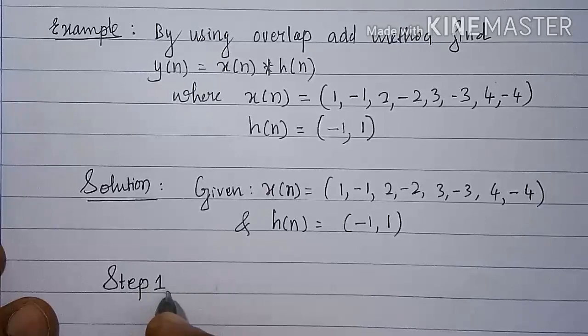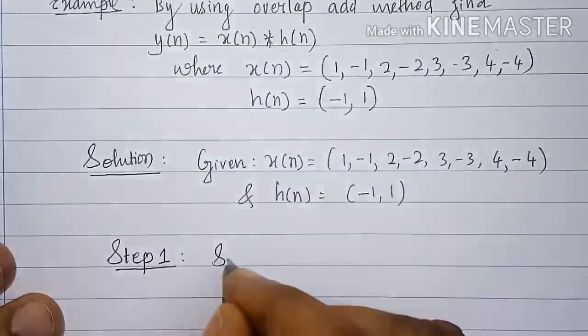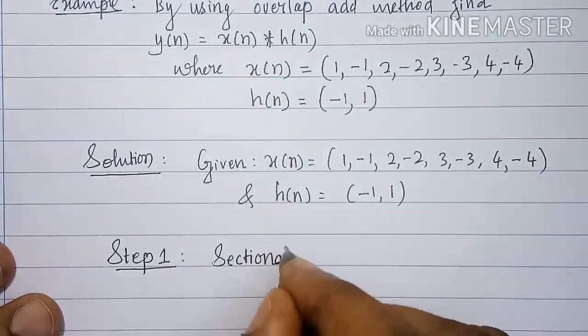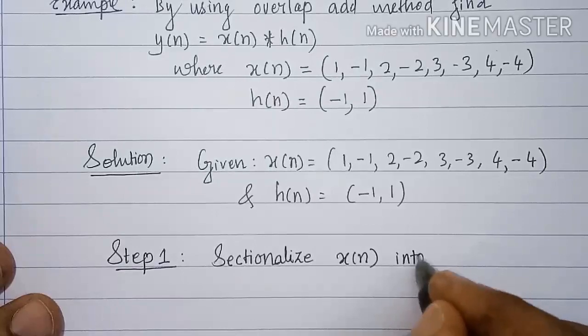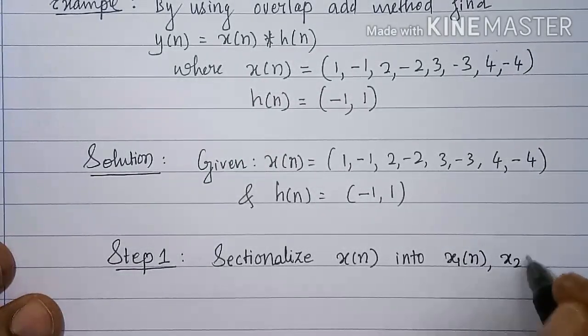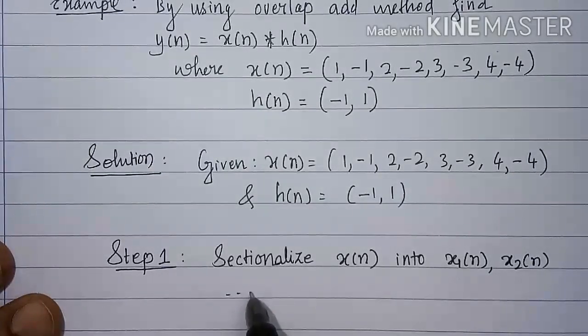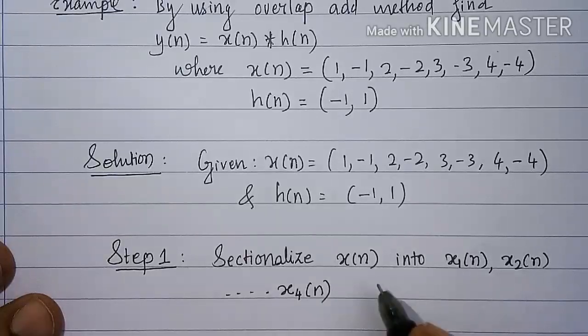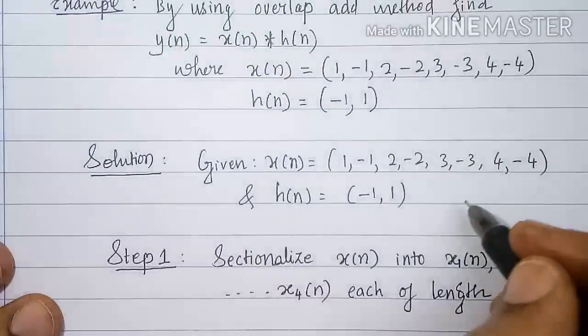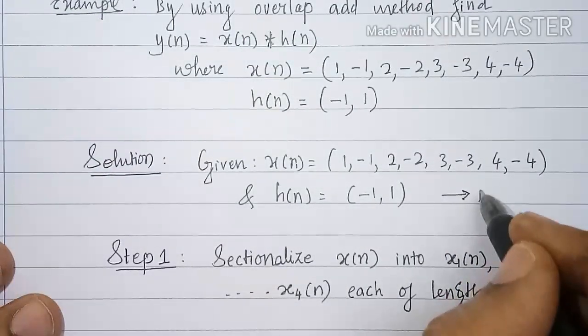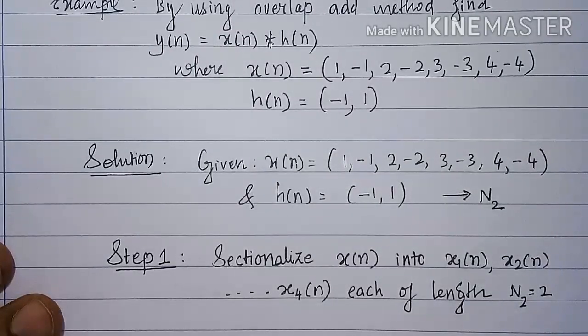Step 1. Sectionalize x of n into x1 of n, x2 of n, so on up to x4 of n, each of length n2 equal to 2, where n2 is length of h of n, and that is 2.